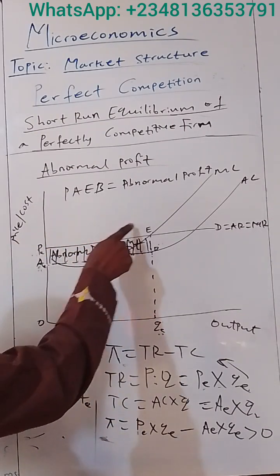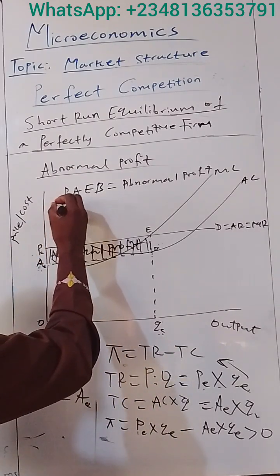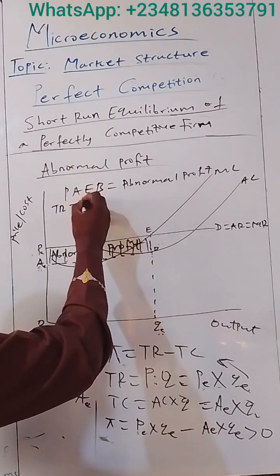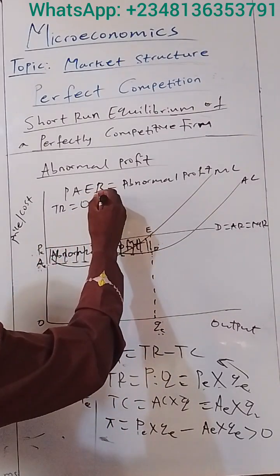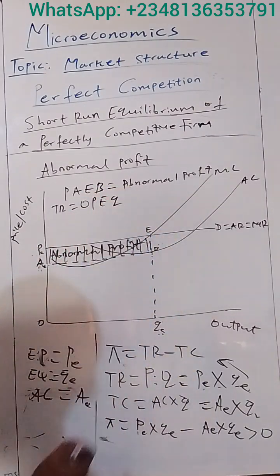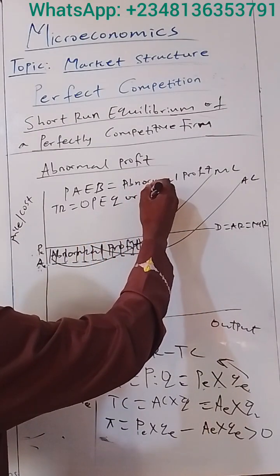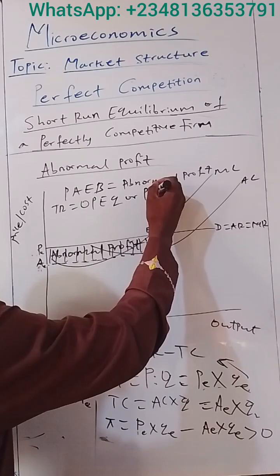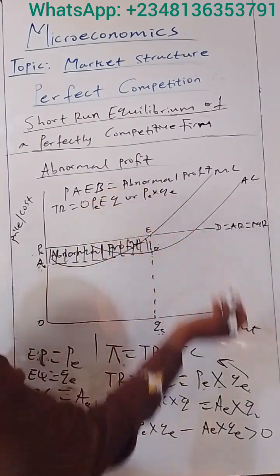In other words, total revenue is equal to PE multiplied by QE.